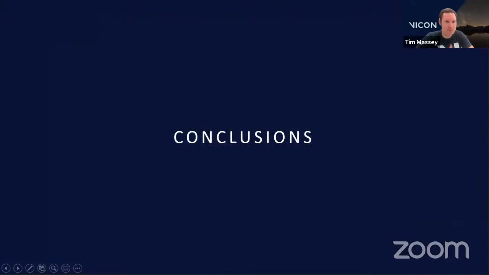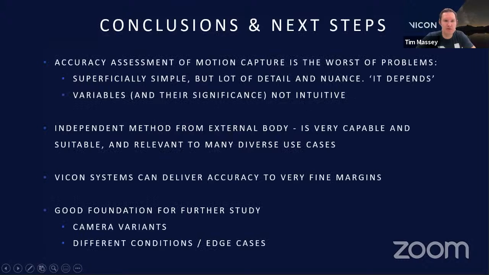So, some conclusions and takeaways before we move on to some questions. Like I said at the beginning, assessing a motion capture system is quite difficult, and it's easy to drift into the realm of it depends.